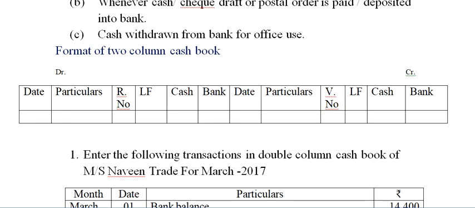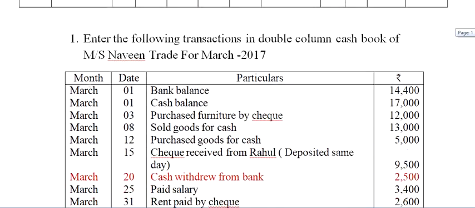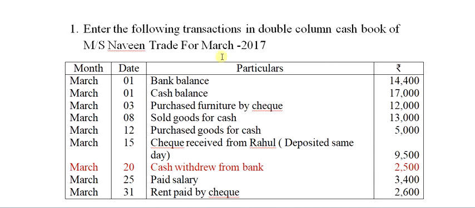Now coming to the first problem, my dear students. Listen clearly here. In a double column cash book, as in the simple cash book, cash is an asset. Cash is an asset, which means debit increases, credit decreases. Whenever the cash or bank balance increases, that should be taken under the debit side.